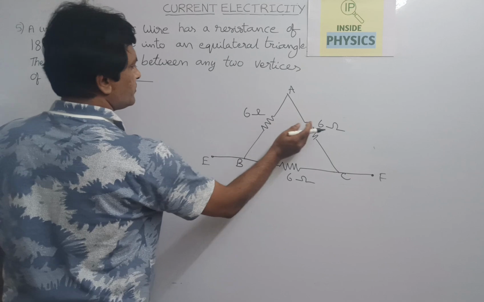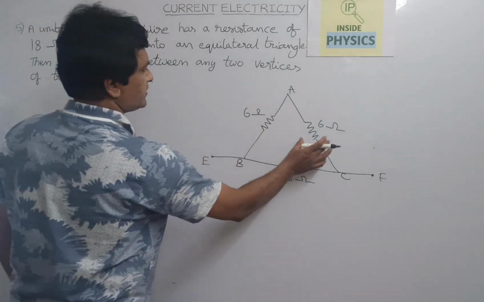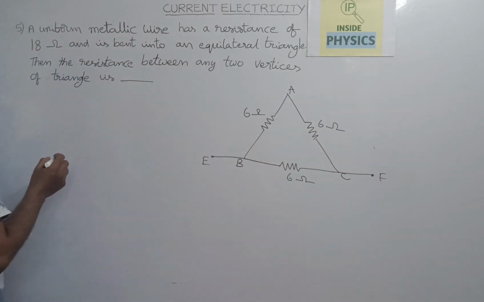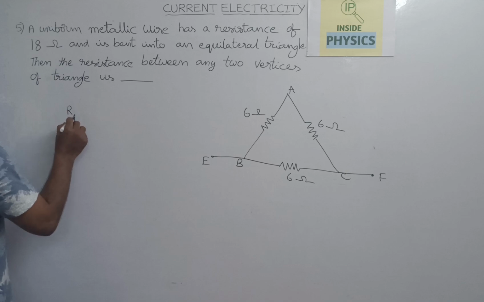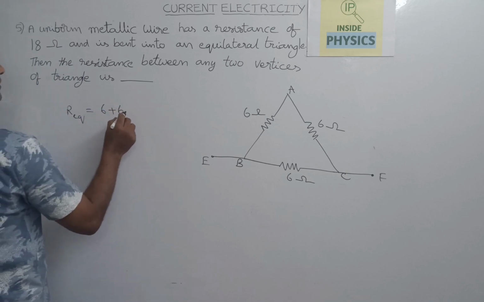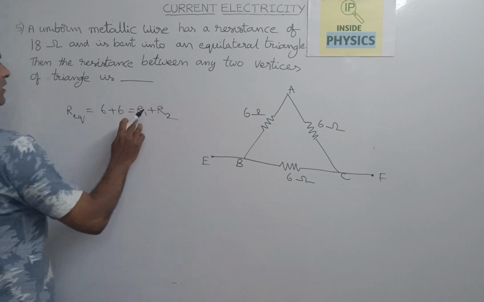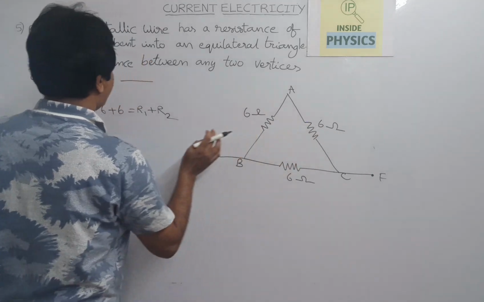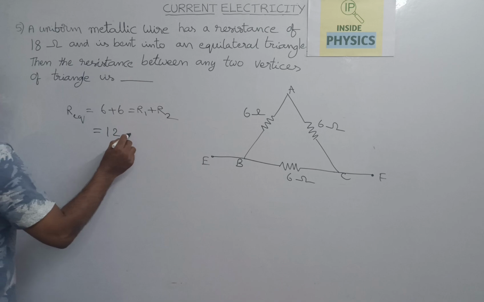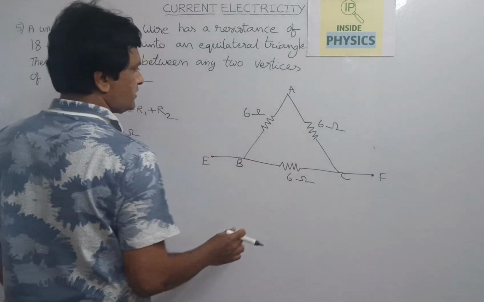If you observe, these two sides are in series, right? So what is the formula to calculate the equivalent resistance when the resistors are connected in series? That is 6 plus 6, that means R1 plus R2. If you consider R1 and R2 as two resistors, the equivalent resistance is the sum of the two resistors. So this is 12 ohms. Okay, R equivalent for these two sides is 12 ohms.